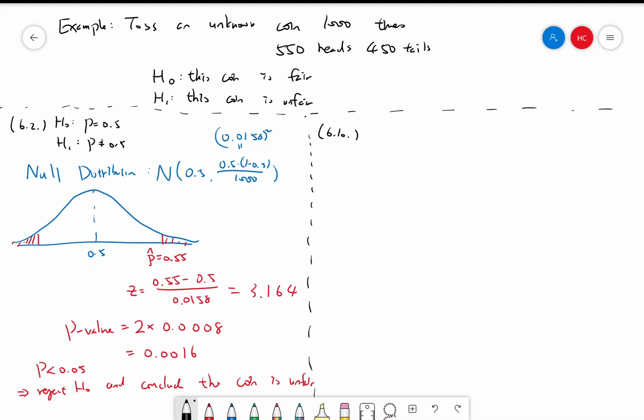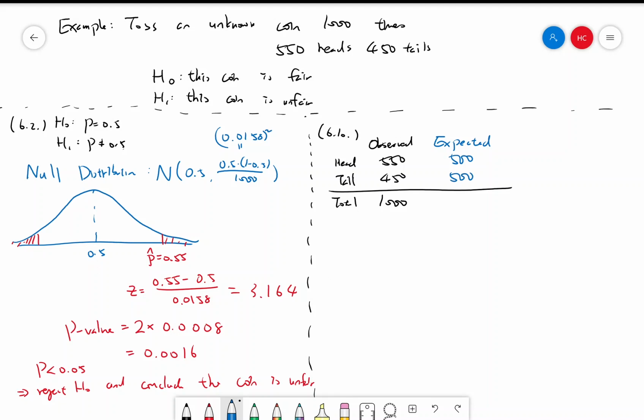We can use the method we just introduced. So we can use the chi-square test. For heads and tails, the observed values are 550 and 450, so the total is 1,000. The expected values, if it's fair, are 500 and 500, total still 1,000.